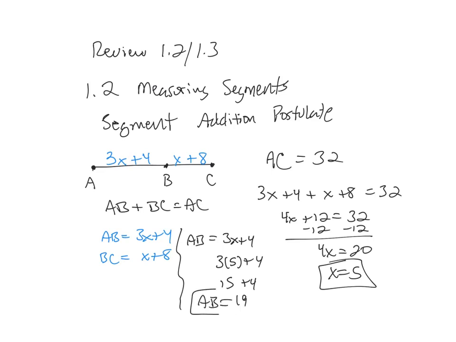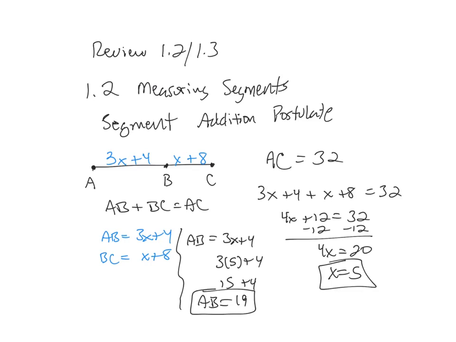And AB was 19. Or it could have said, what's BC? Wouldn't say what's AC because I already told you that. It could be solve for x. Just make sure, that way you're not doing everything correctly and then forgetting to finish the problem off.